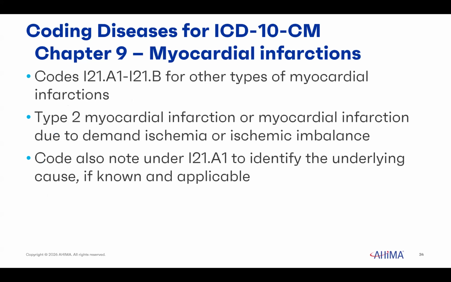Codes from I21.A1 through I21.B are for the other types of myocardial infarctions. Type 2 myocardial infarctions are due to demand ischemia or ischemic imbalance. So there's a note that says code also to identify the underlying cause if known and applicable.